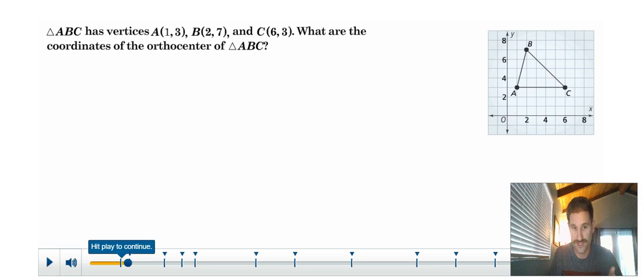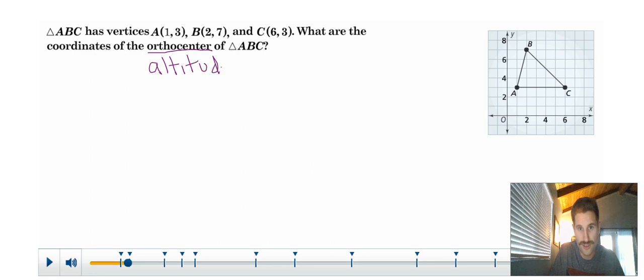We have our three vertices, and what I want to do is find the orthocenter. So if you recall, the orthocenter has to do with altitude. So we want to find altitude. And in fact, we just have to find two altitudes. If we can find two altitudes where they meet, we're good. So one of the easiest things to do, looking on the graph, is I can go from B down to AC.